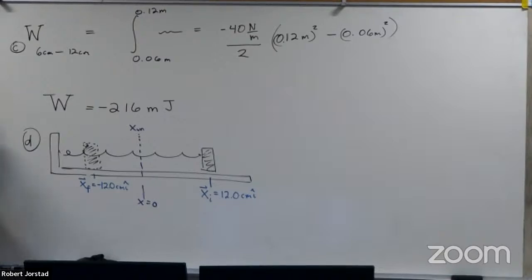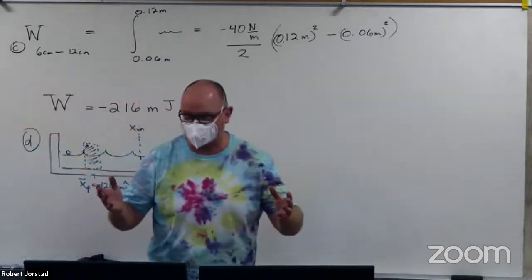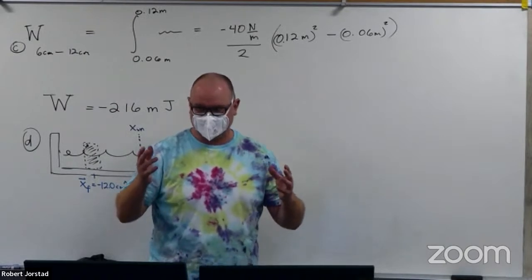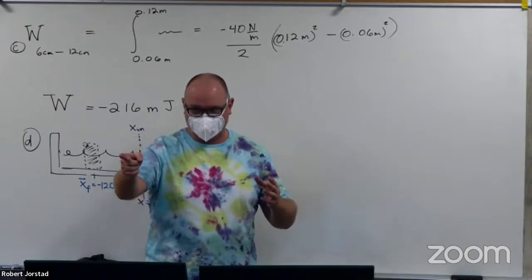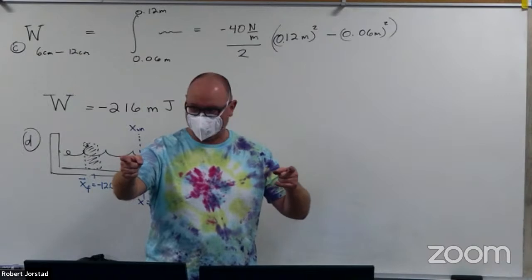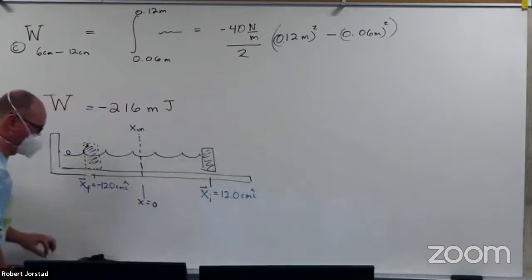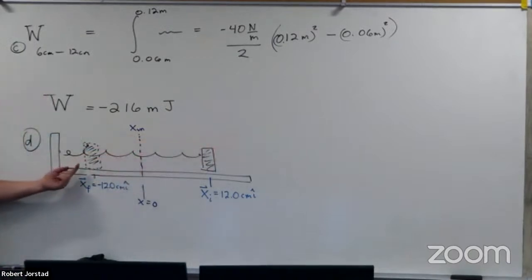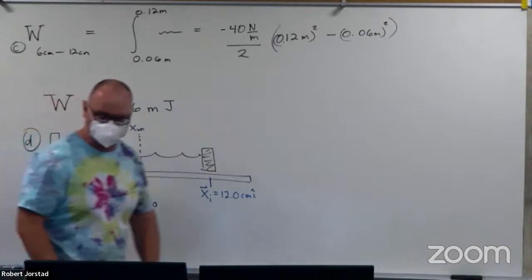Well, let me ask you, if net work is 0, what should be the change in speed? How does work relate to kinetic energy? Work equals change in it. If there's no work done, that would mean it has to have the same speed. Do you agree? If I pull it over here and let it go, how fast is it moving when it gets to the other side? Should be 0, right?